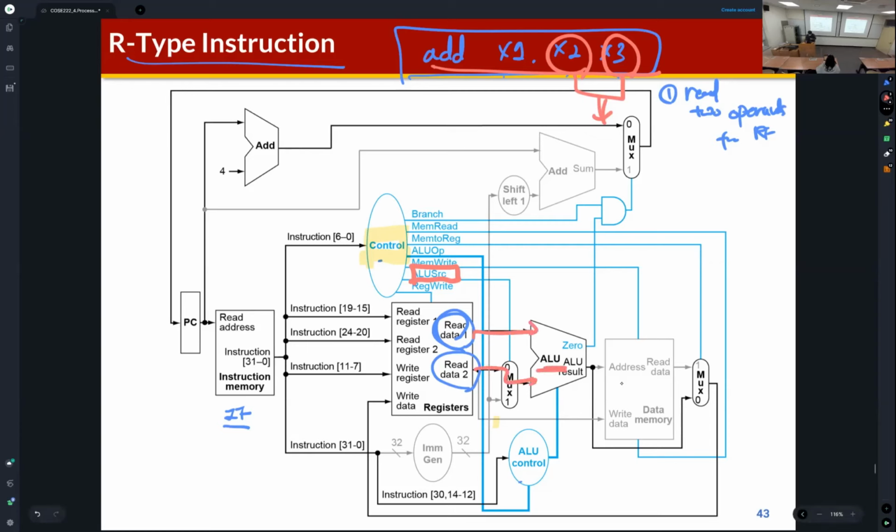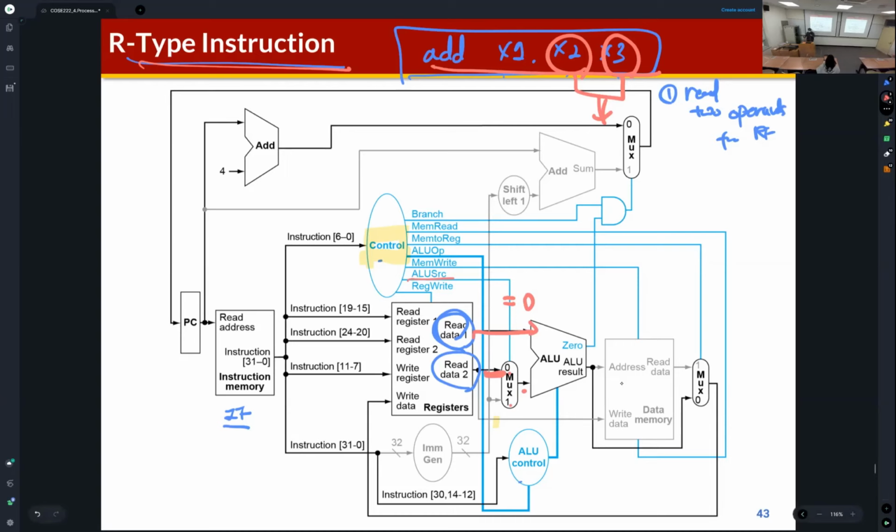And then in order to connect this input to the output of a multiplexer, this ALU source needs to be 0. So you can find 0 here and 1 is here. Which means that for the R-type instruction, ALU source should be set as 0. Okay, ALU source is 0.